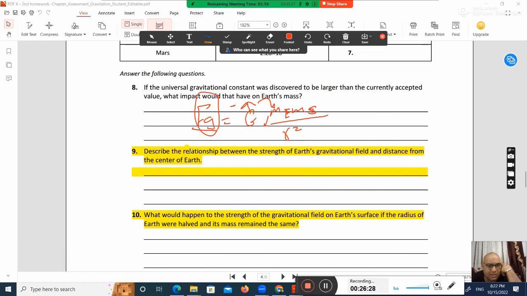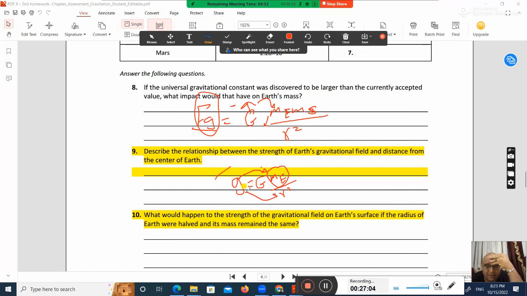For the next question, describe the relation between the strength of Earth's gravitational field and the distance from the Sun. The gravitational field can be measured as g equals G ME over R squared. The gravitational field of the Earth depends on the mass of the Earth itself, and it has a direct relation.